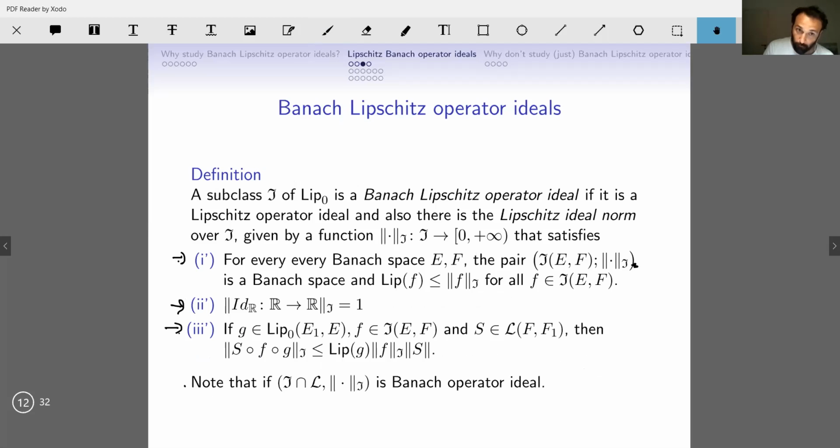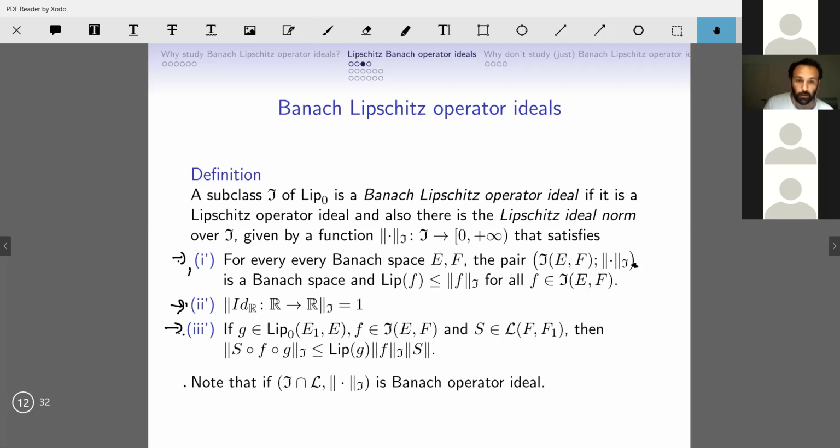If we can define a norm that satisfies these three properties, we get a Banach Lipschitz operator ideal. And again, note that if we take all the linear mappings that belong to this class, we obtain a Banach linear operator ideal. Okay.